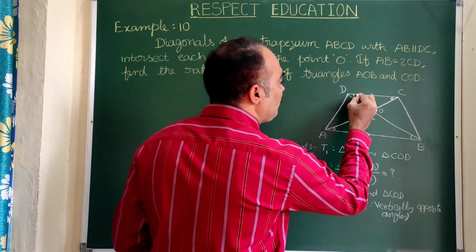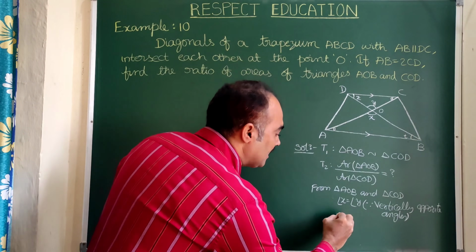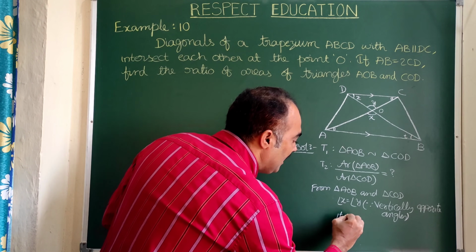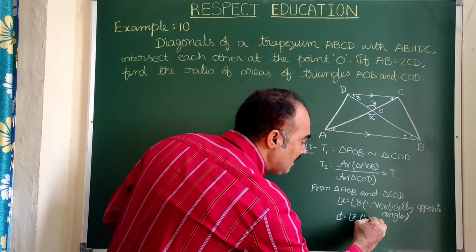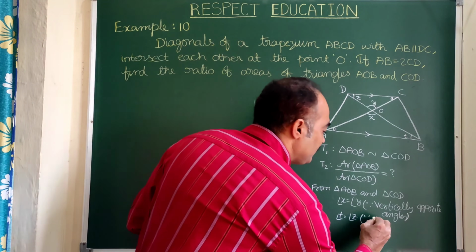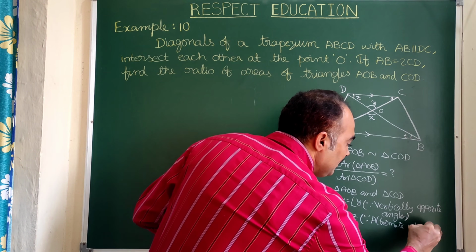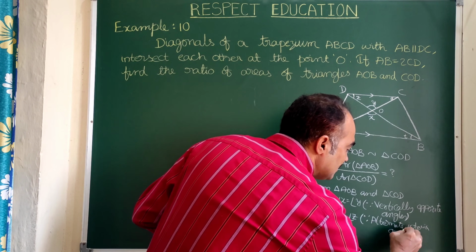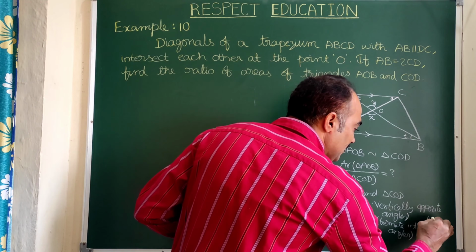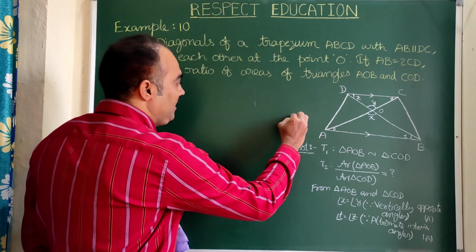So here already X and Y are over, I am taking this as Z and this as T. So we can write angle T is equal to angle Z. These are alternate interior angles, they both are also equal. So here this is a pair of angles and this is a pair of another angles.